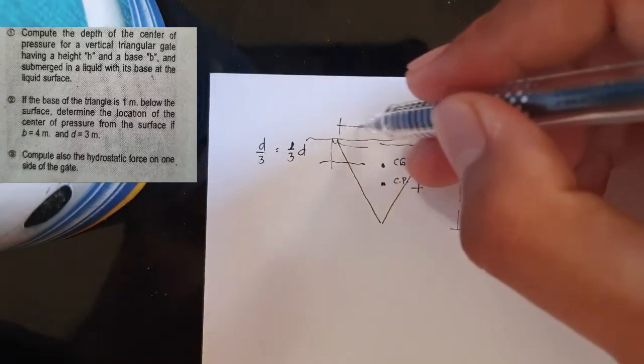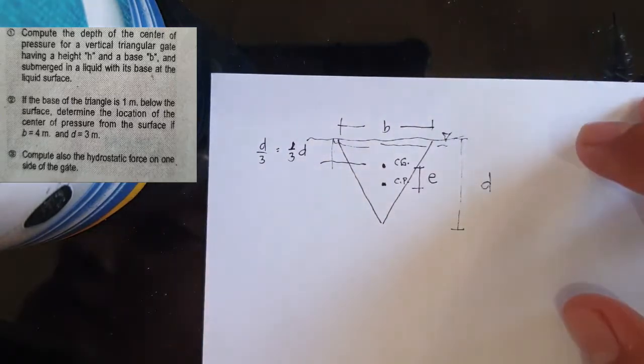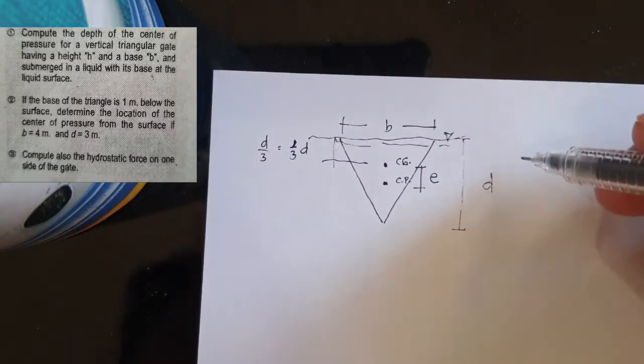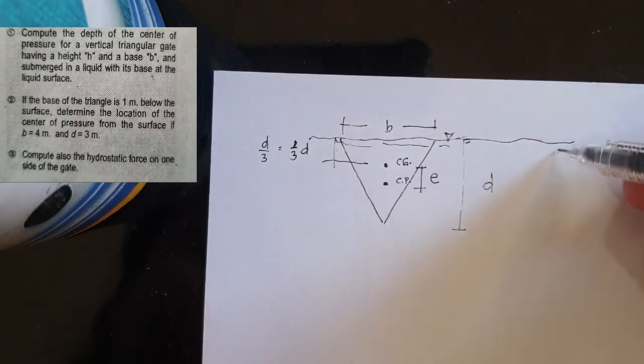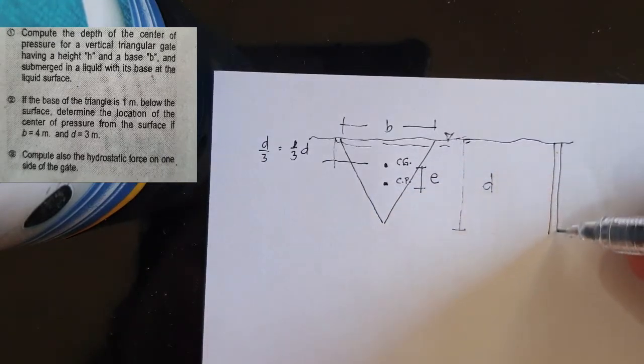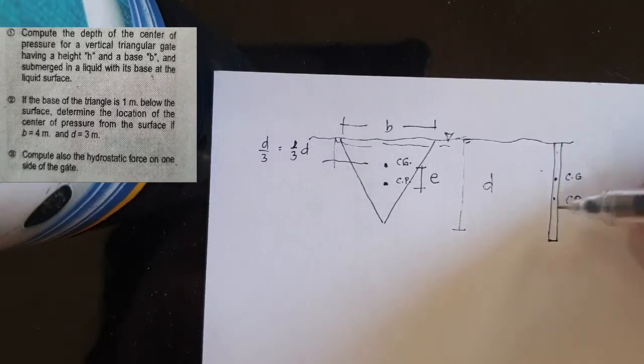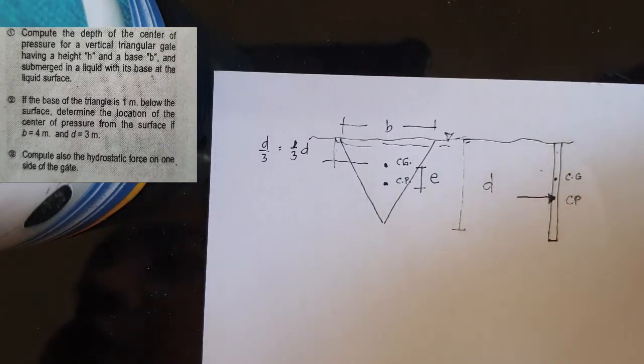We have the base of the triangle. Okay. So if you look at its cross section, it has a certain thickness. This is the center of gravity, this is the center of pressure. So there the hydrostatic force acts.